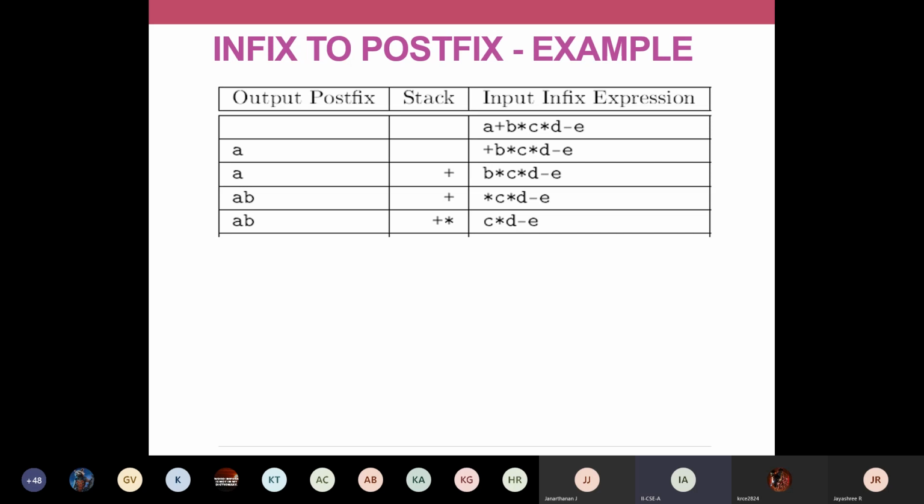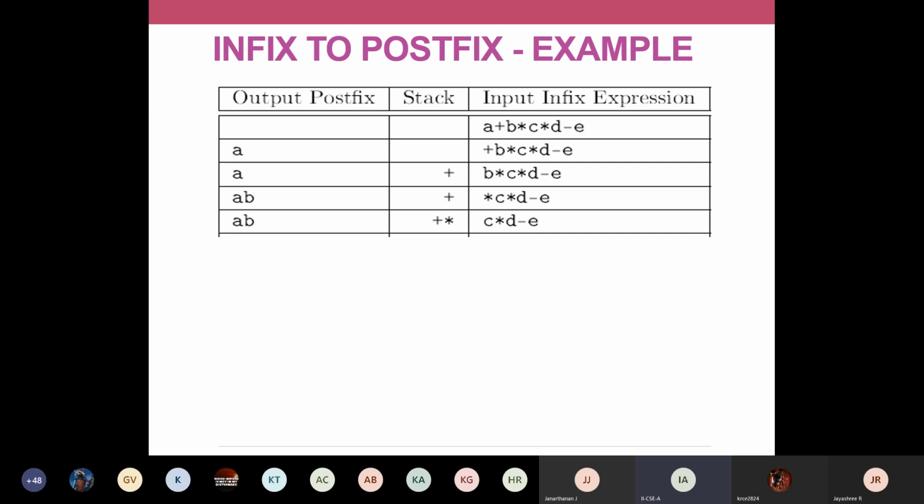Write this statement in your notebook. If the precedence of stack top is greater than the precedence of input token, pop the stack and write in output.